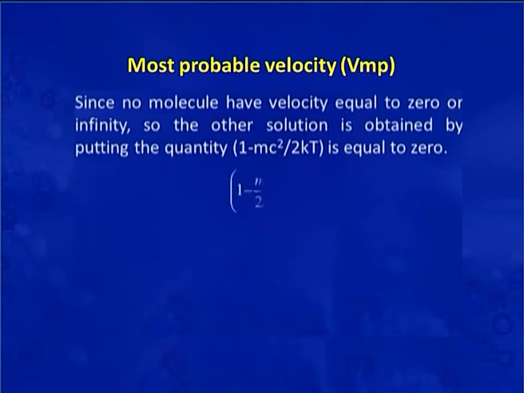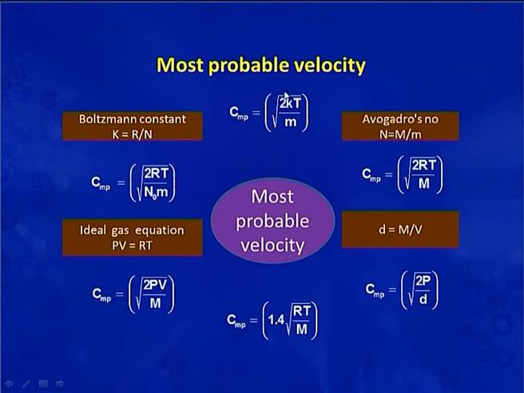So, the term 1 − mc²/2kT is equal to 0. Therefore, c² is equal to 2kT/m. This is the most probable velocity. So, most probable velocity is c_mp = √(2kT/m).